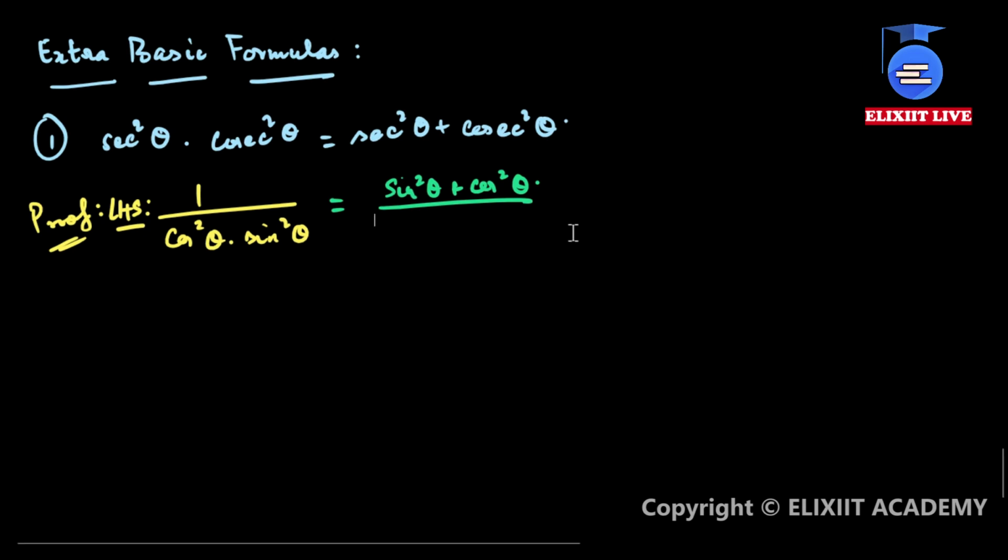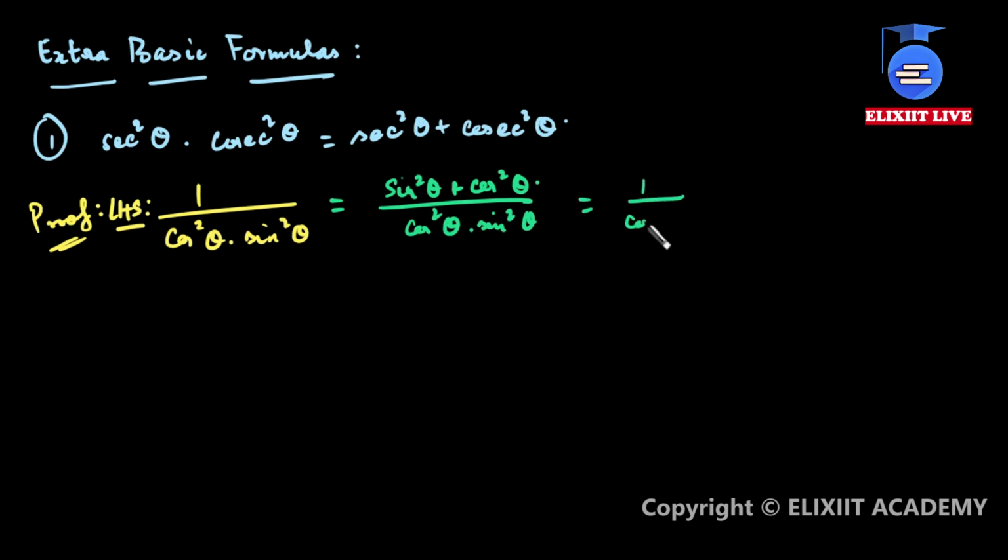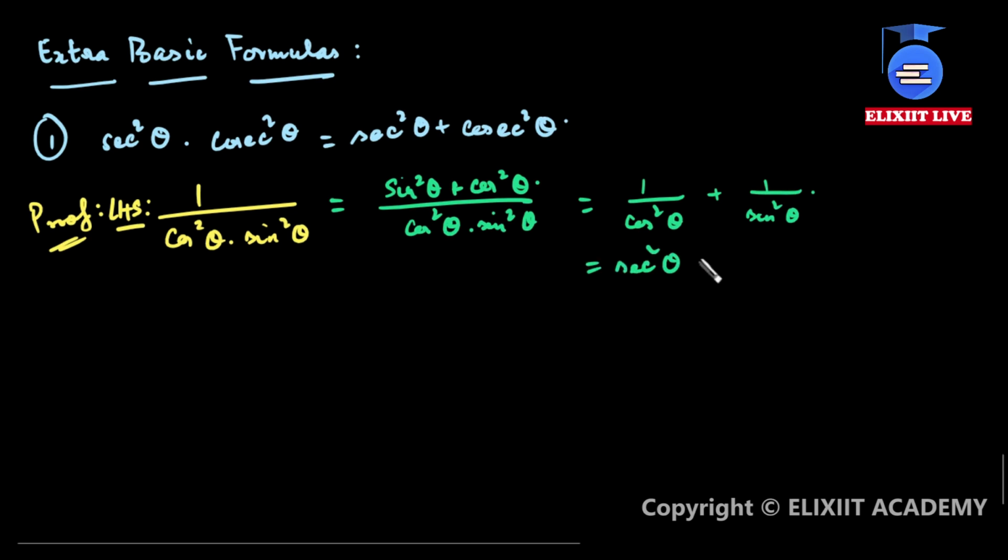It has a lot of uses in calculus also. When you learn calculus, you will see that. Now simply divide individually. So this will become 1 by cos squared theta, and this will become 1 by sine squared theta. Okay, so this is what? Sec squared theta plus cosec squared theta.